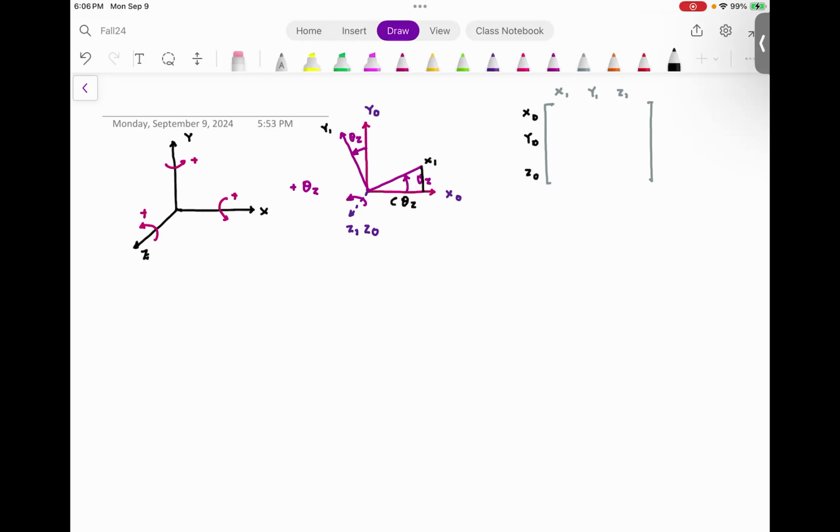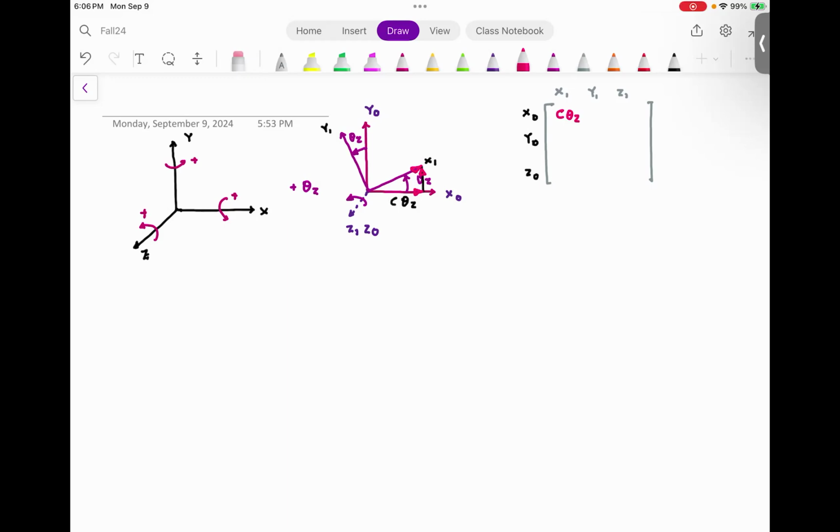Note that when we resolve the vector, this is the direction the vector is resolved, which means its components are in this direction. Now notice the projection of x1 onto x0 is in the same direction as x0. So this is going to be positive cosine theta z.